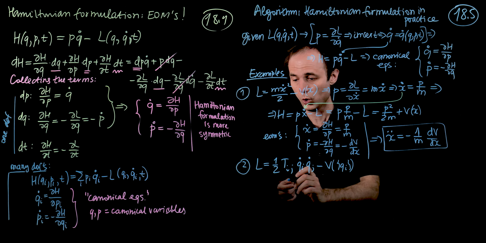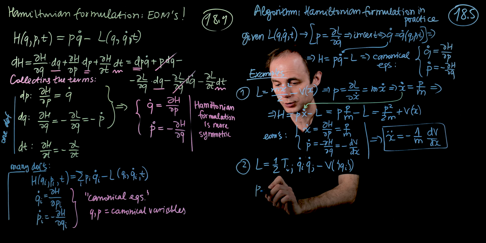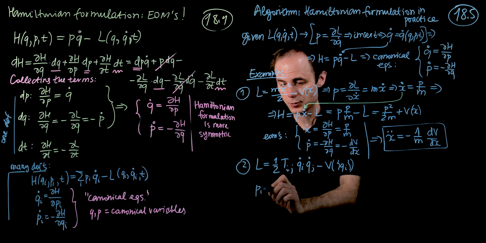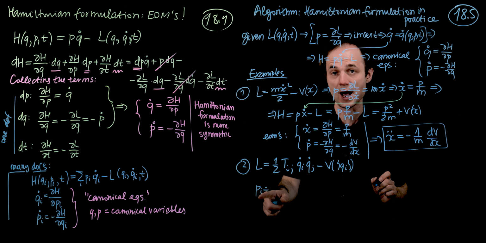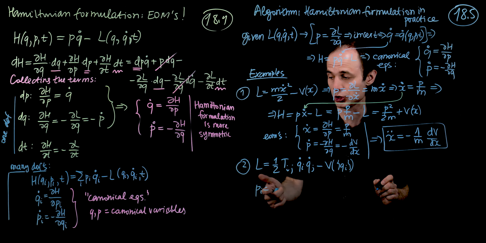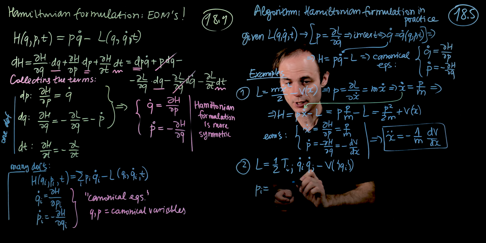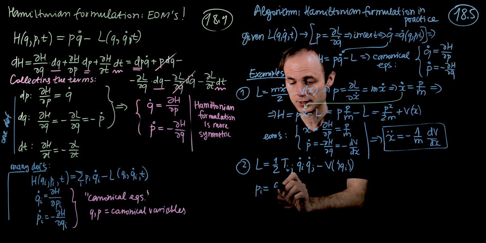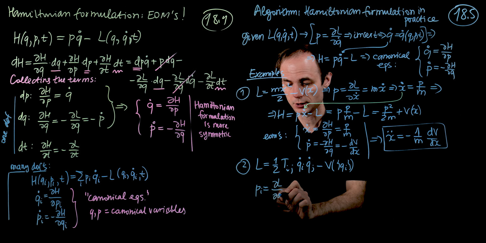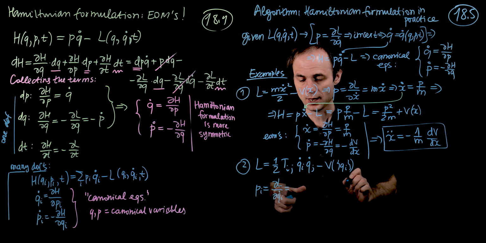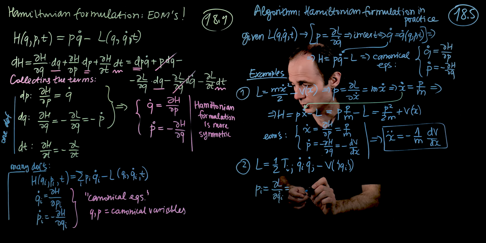In this case, what are we going to do? We're going to compute the momentum associated with the ith coordinate, the ith conjugate momentum, which will be simply dL over dqi dot.